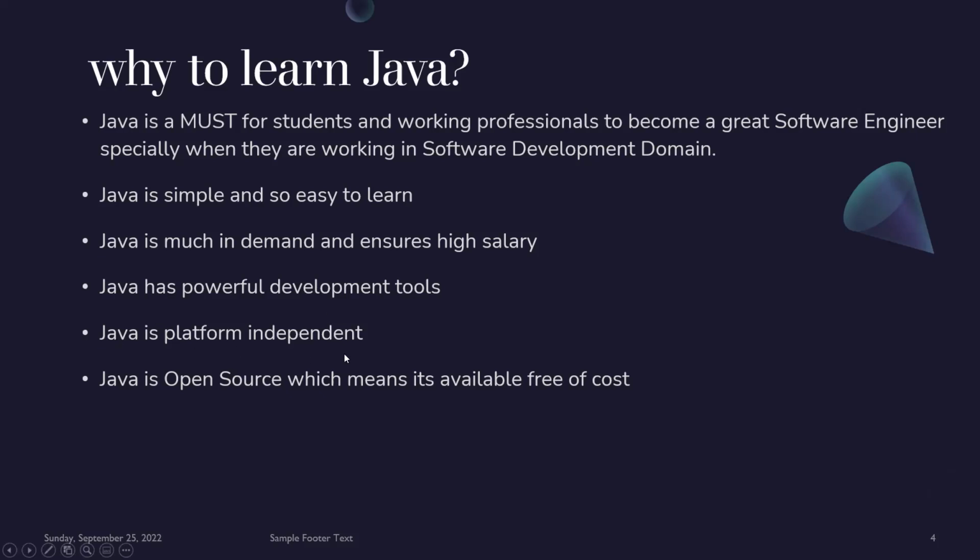Java is platform independent and Java is open source also, guys. What do we mean by open source? Open source means it is free of cost. In a company, when anyone develops a project, they try to minimize the cost too, because they can't spend so much money just purchasing tools.